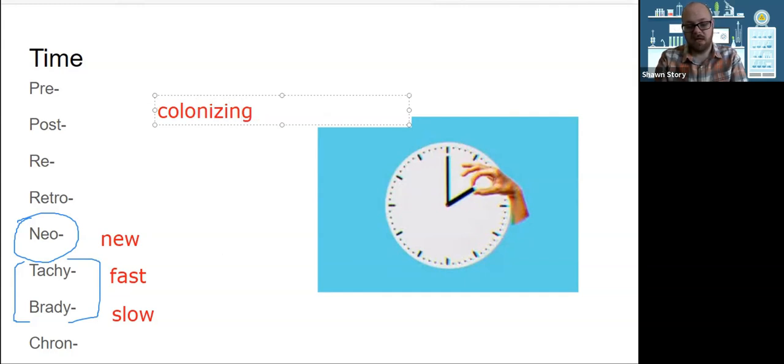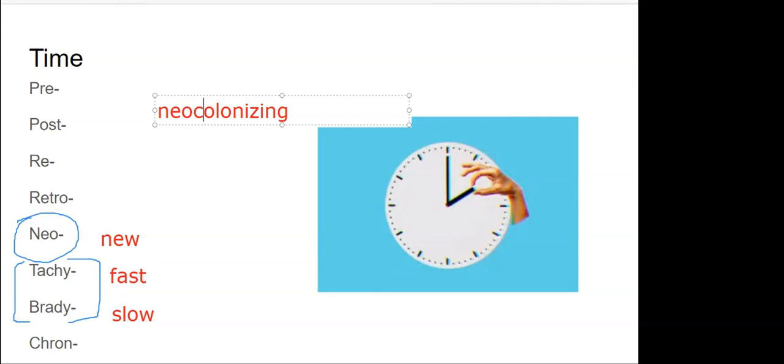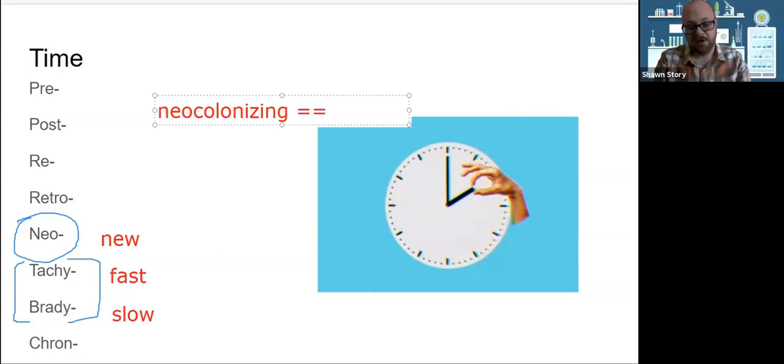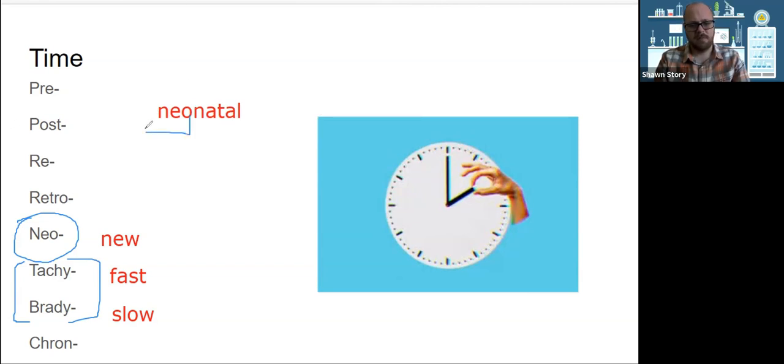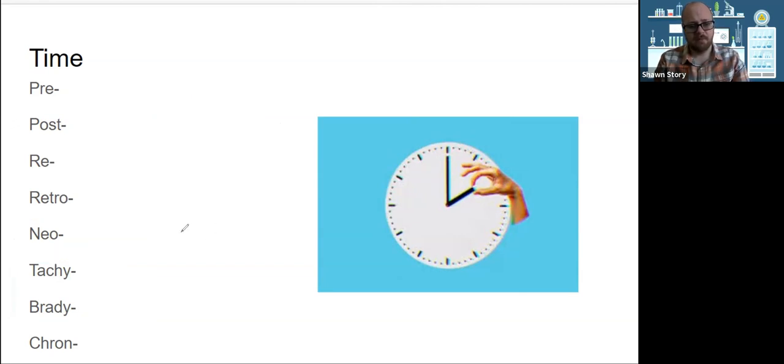And neo-colonizing or neo-colonialization is a word I hear a lot. Neonatal, yeah. Oh, neonatal. Is that your first birth? Neo being new birth. Neonatal would be a new birth. Natal is a birth. Neonatal.